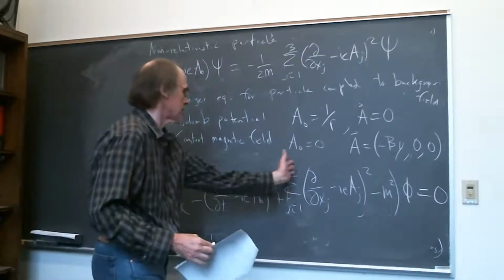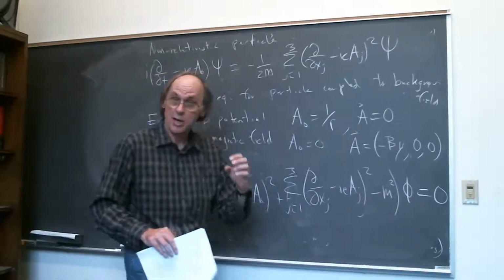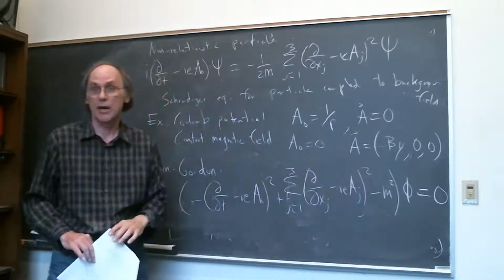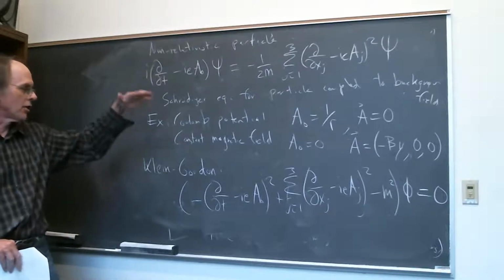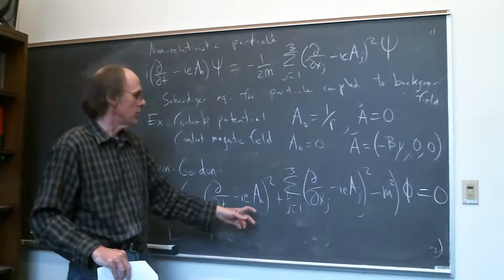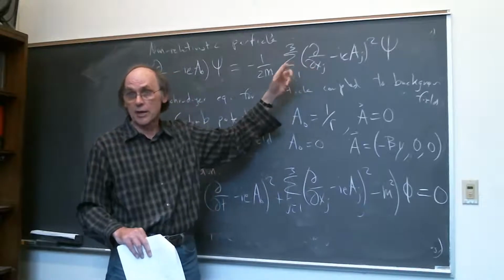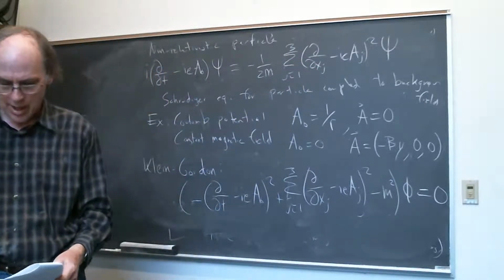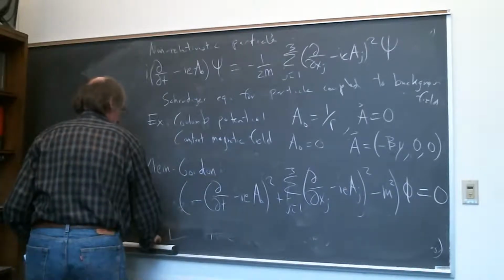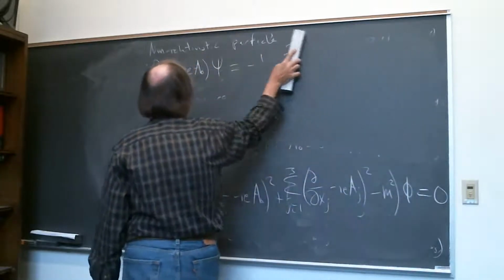Anyway, this is the Klein-Gordon equation for scalars coupled to a background electromagnetic field. This is the equation you would solve. And if you take the non-relativistic limit, you will recover the Schrödinger equation.